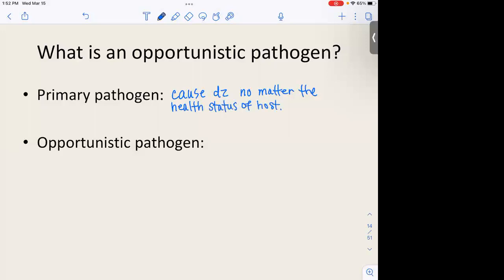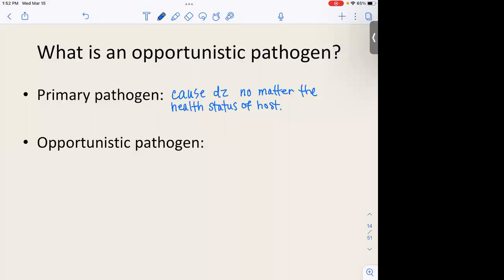So it doesn't matter who you are or how healthy you are. The healthiest person on the earth can still get gonorrhea, can still get meningitis, can still get a host of other true pathogens, rabies, anthrax. Okay, those are primary pathogens or true pathogens.